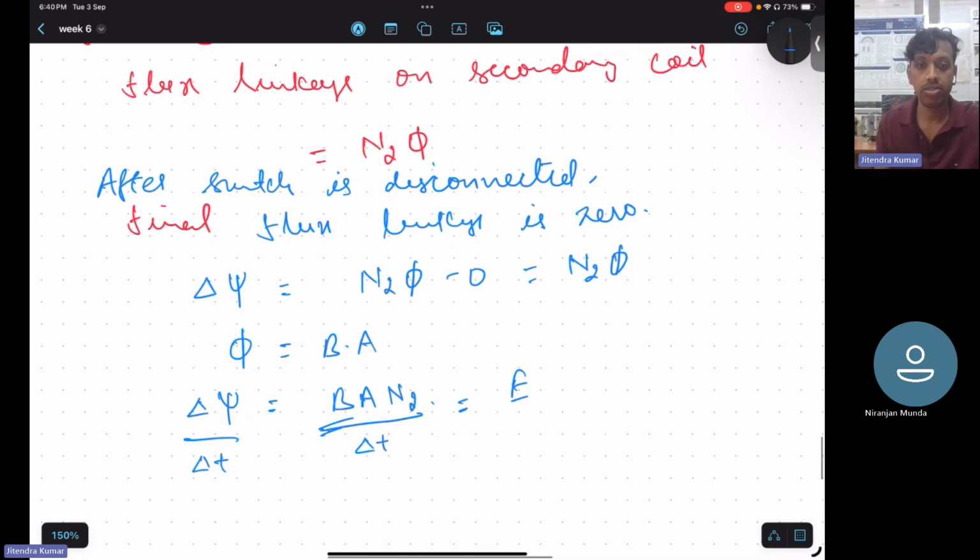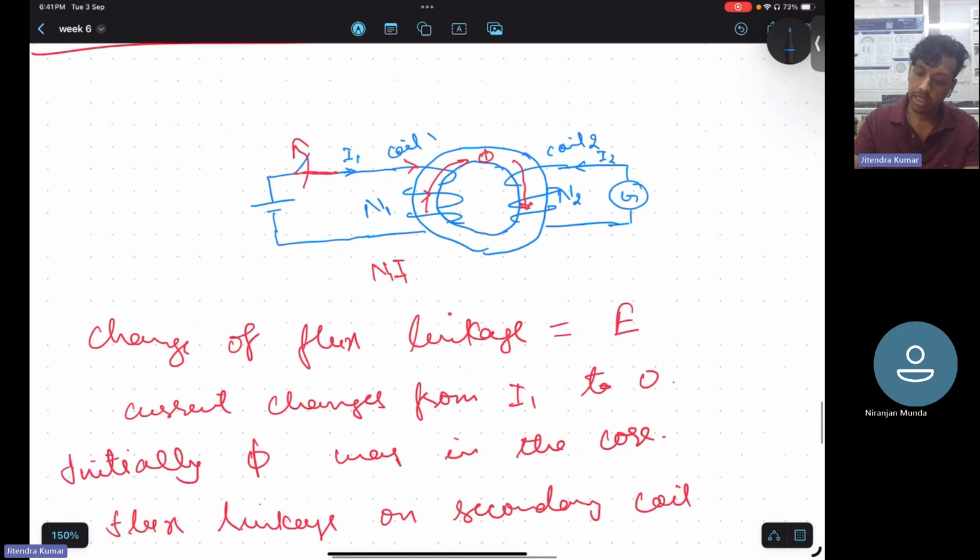And because of this back EMF, E2, there will be some current in the secondary turns, which can flow in this direction or the other, depending on the arrangement of the coil.